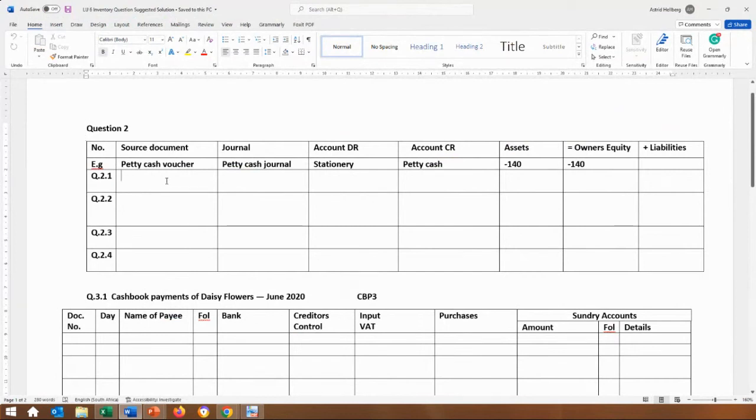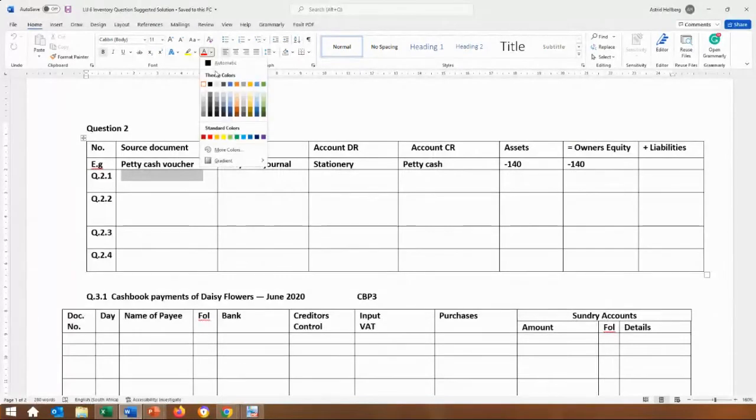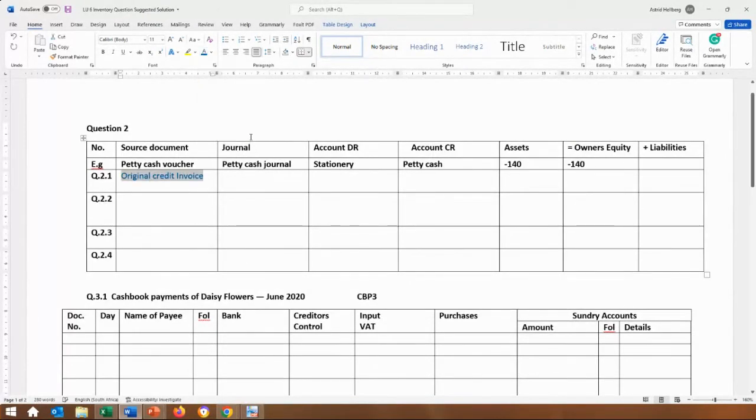So our source document, we said, is our original credit invoice. Okay, the journal would be the creditors journal. We're going to debit the inventory account because we're using the perpetual inventory system. We're going to credit creditors control.